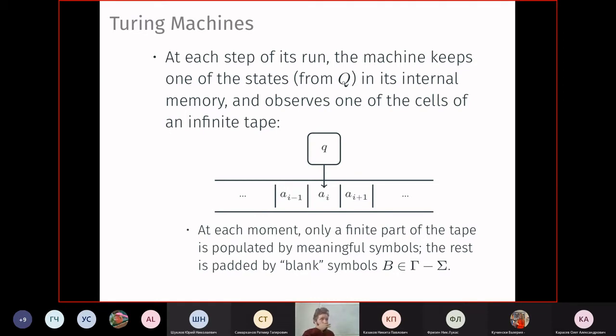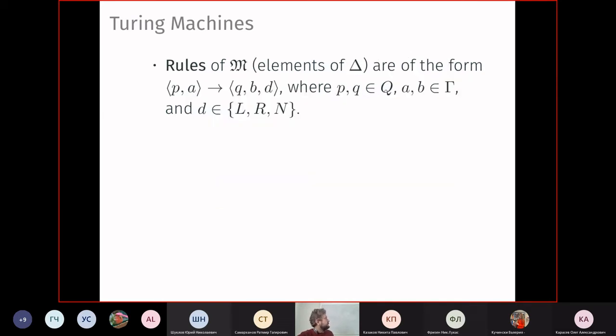This means that the machine will be theoretically infinite. Again, in practice, of course, at some point you can run out of all the hard disk drives in the world, or even all hard disk drives which are possibly located on Earth. But theoretically, this is a model of infinite computation.